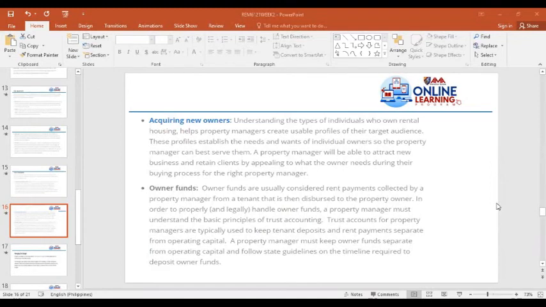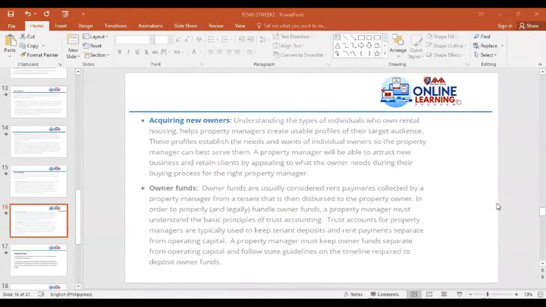Next is the owner funds. Owner funds are usually considered rent payments collected by a property manager from a tenant that is then dispersed to the property owner. So in order to properly and legally handle owner funds, a property manager must understand the basic principles of trust accounting.